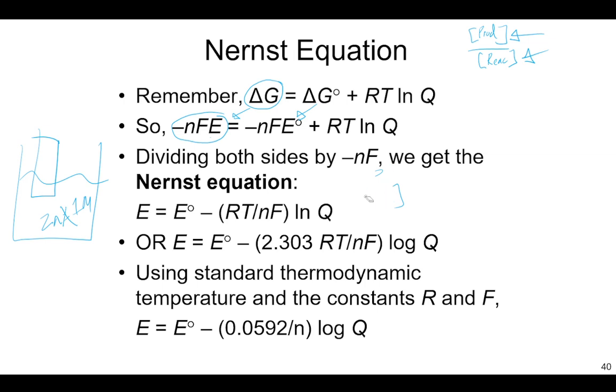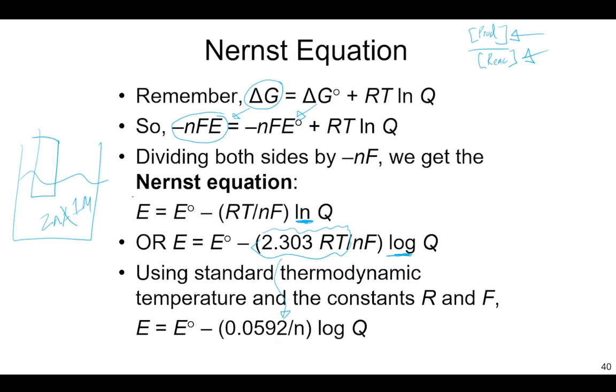Now, you'll see multiple versions of the Nernst equation. These are all the same. They will all give you the same answer. Sometimes it's natural log, which is base e. Sometimes it is log, which is base 10. Sometimes all these constants are wrapped together at 298 to give you something like this.